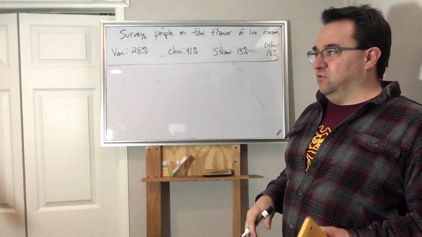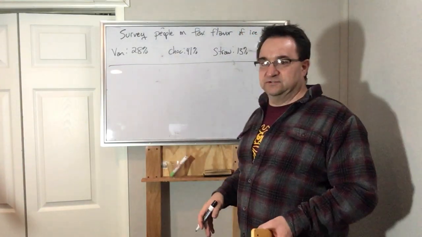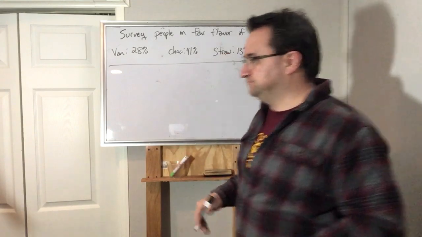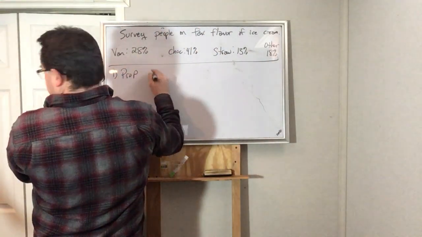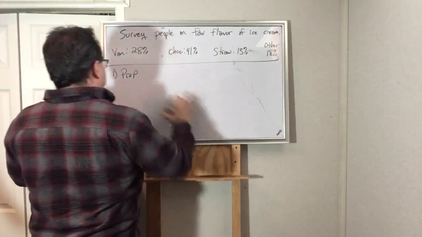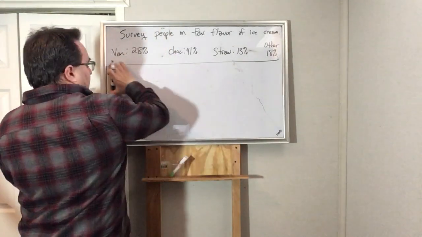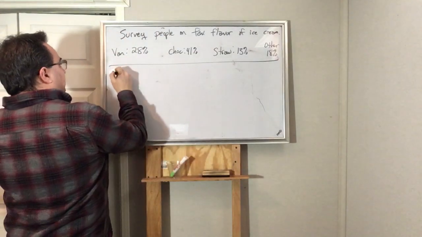Now I can ask you questions. So I'm going to ask you 3 questions, all from this data. Question 1. What is the probability? Here, let's put it this way. I have to add another layer in.